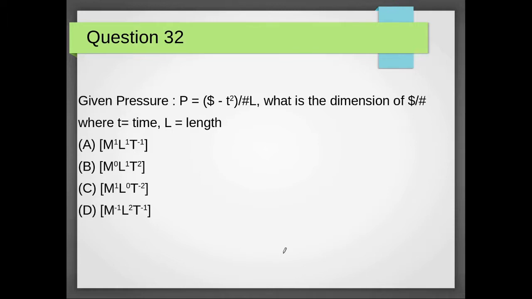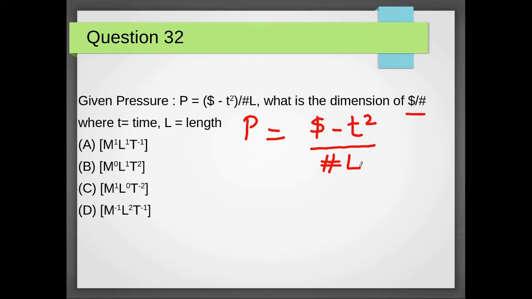Question 32. Given pressure P equals α minus t square, whole divided by βL, what is the dimension of α by β? So to find out the answer for this, you need to somehow get the term α by β by rearranging the equation that is given to you. So the equation that is given to you is P equals (α minus t square) by βL.